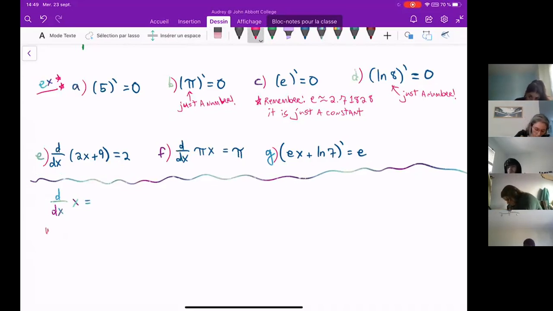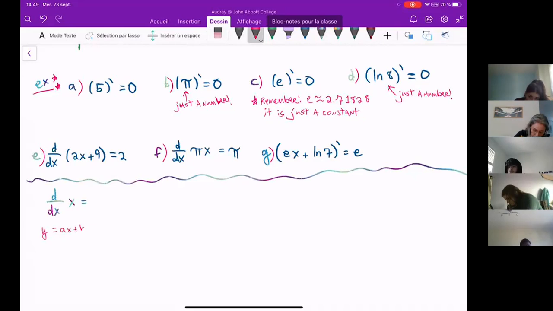I'm thinking of this as like y equals ax plus b. In this case, a is equal to 1, b is equal to 0. This is a line of slope 1. The derivative of x is just 1. You guys with me still?